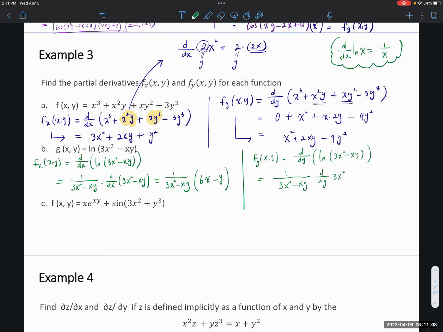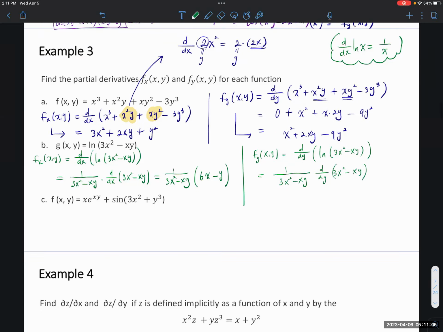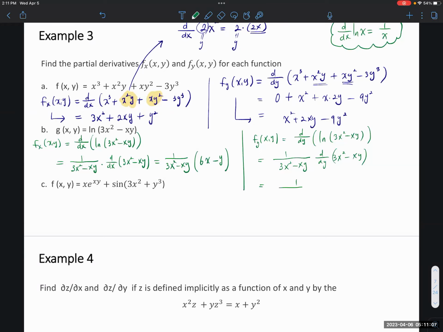So x is a constant this time. What do you guys think? 3x squared is going to be 0, but negative xy, we still have negative x remaining. So that's the answer.